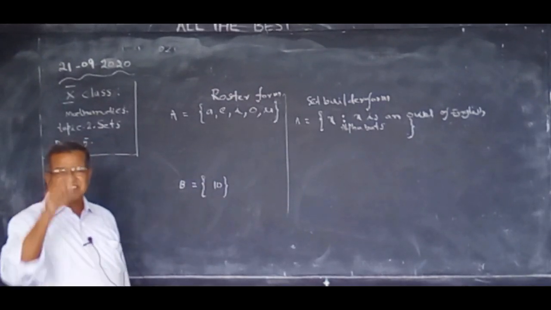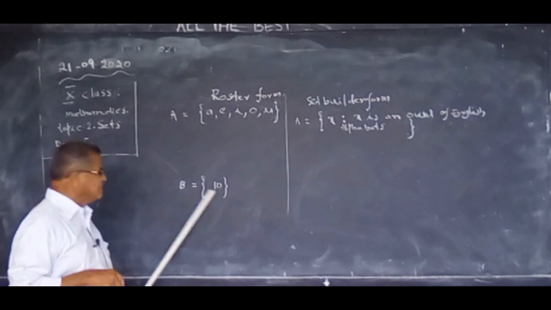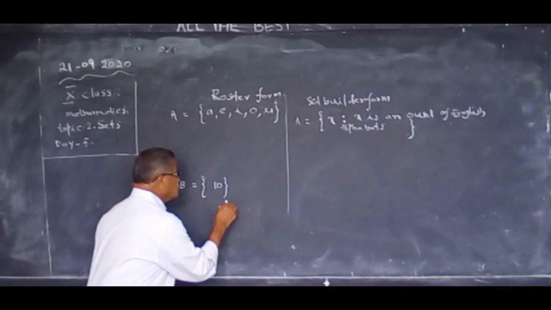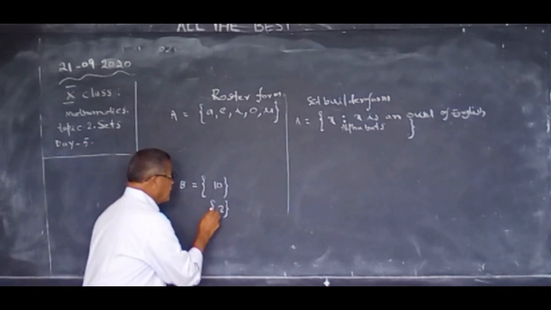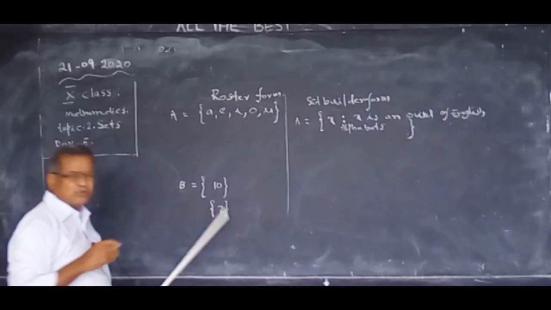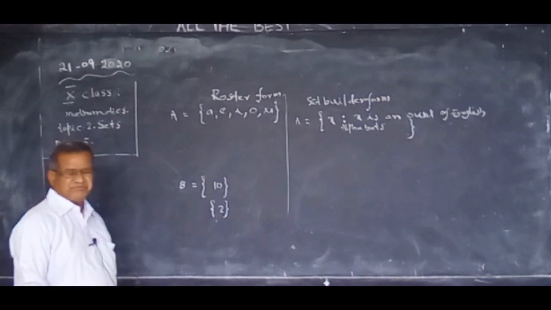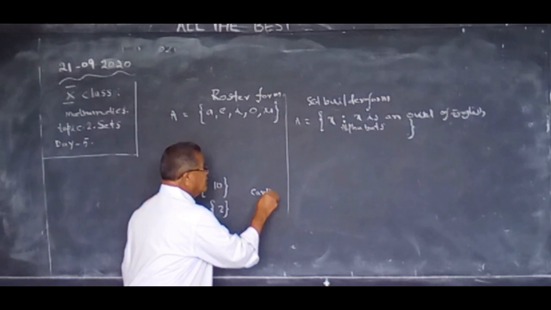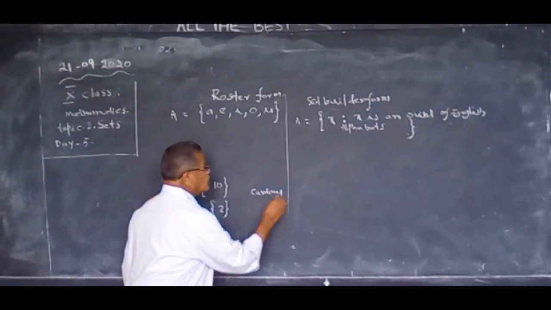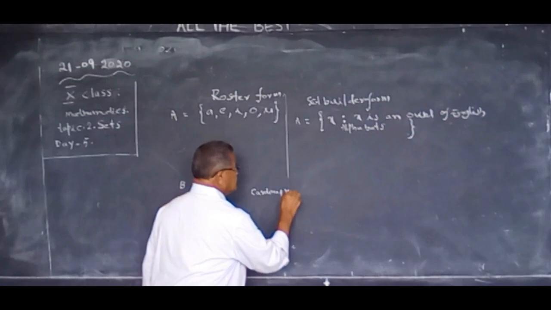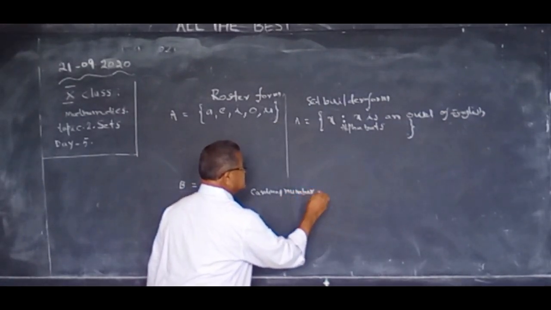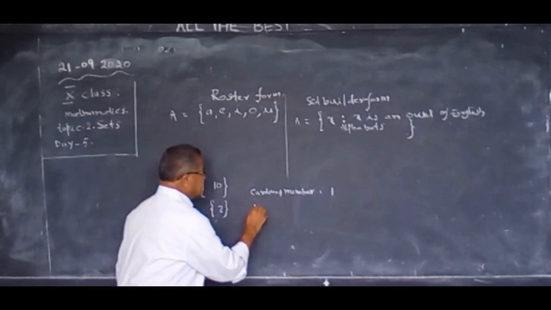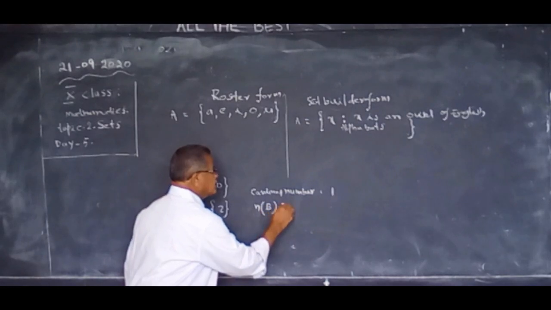Only 2 is an even prime; all primes are odd except 2. Here the cardinal number is 1. The cardinal number of a singleton set is 1, so we write n of set B is 1.